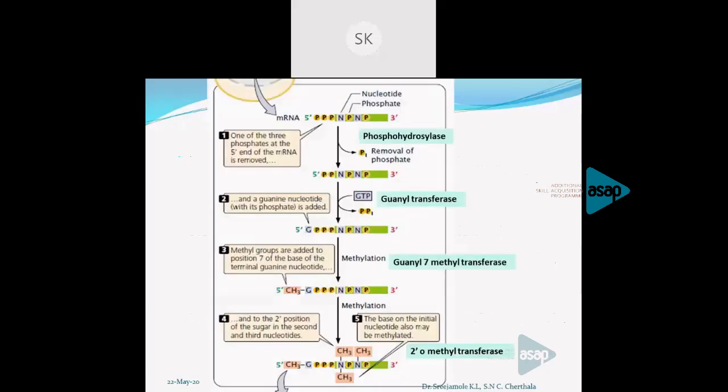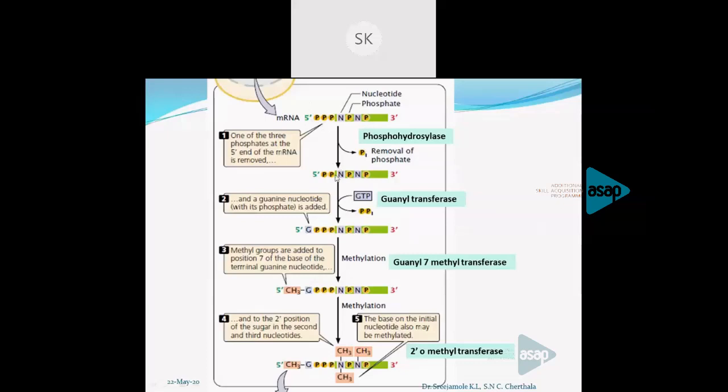In this diagram, we can see how the nucleotide is being capped. The first nucleotide is being capped with 7-methyl guanosyl. This is the 5' nucleotide, which has 3 phosphates attached to the 5' end. The enzyme phosphohydrolase removes one phosphate from this 5' end.